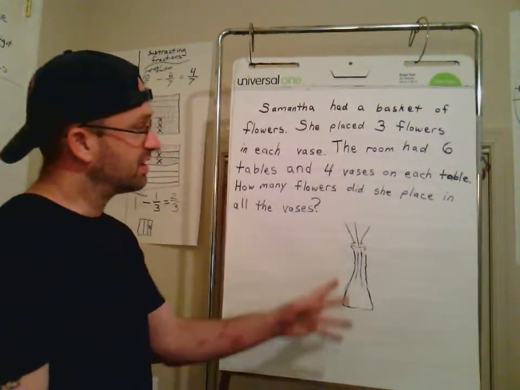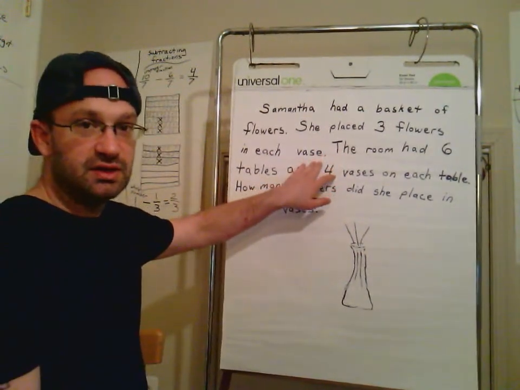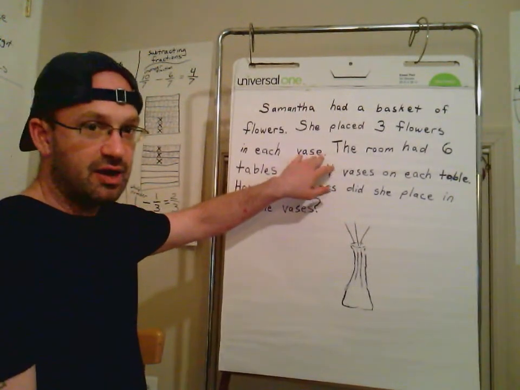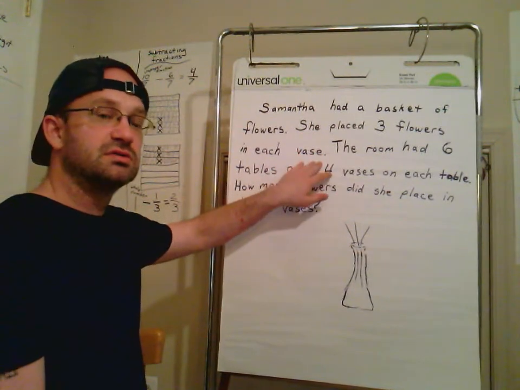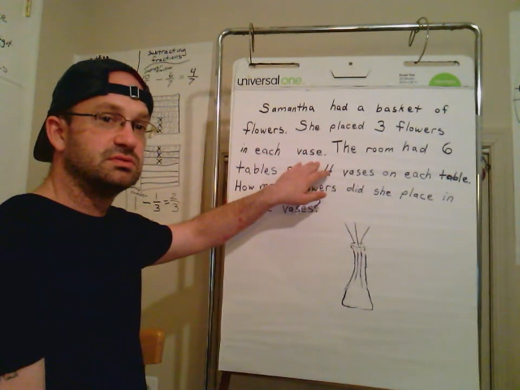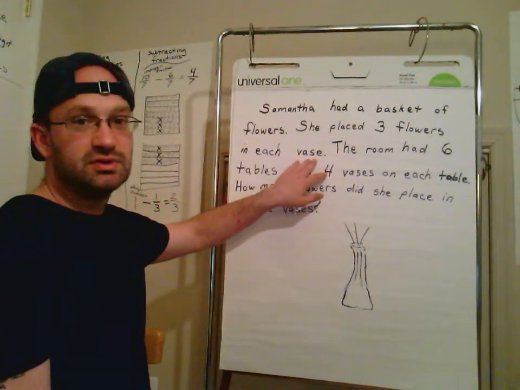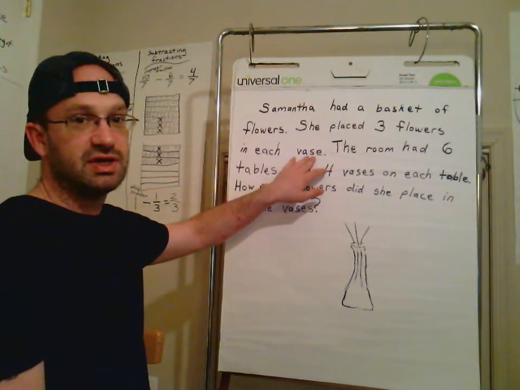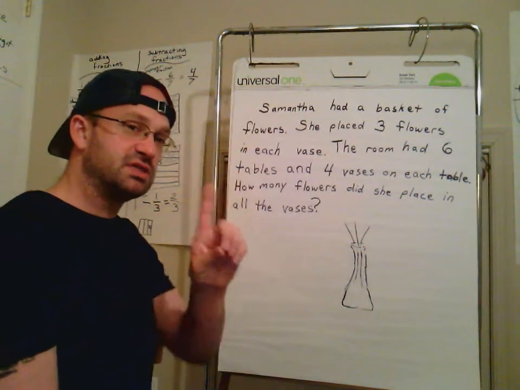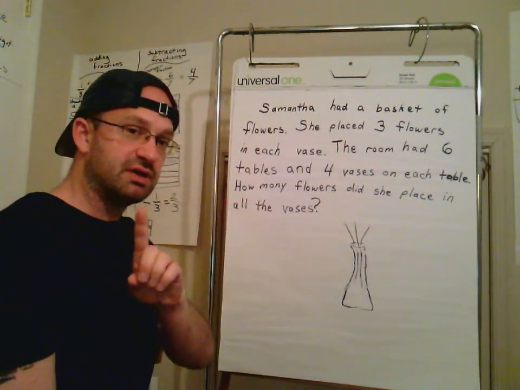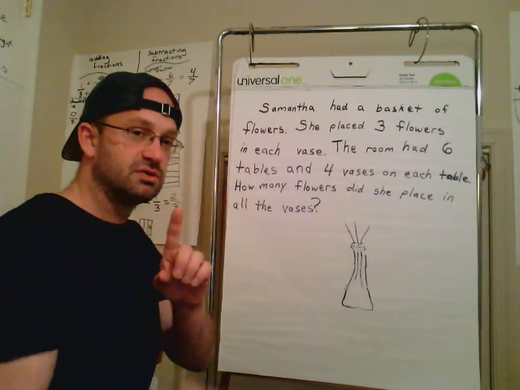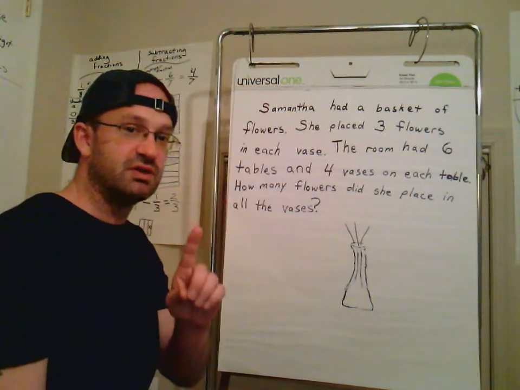So do we know at this point of the story how many vases there are? Well, some of you read ahead and saw that, but right now we don't know. We have no idea how many vases there are yet. But I know if there were 1 vase, I know that there are how many flowers? Correct, 3, because in that 1 vase there were 3 flowers.